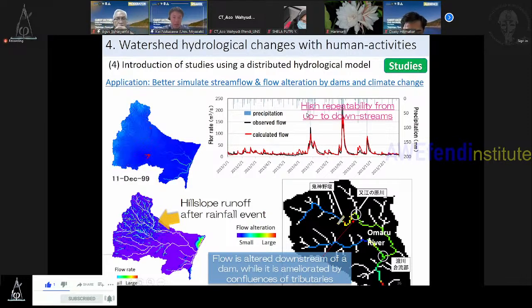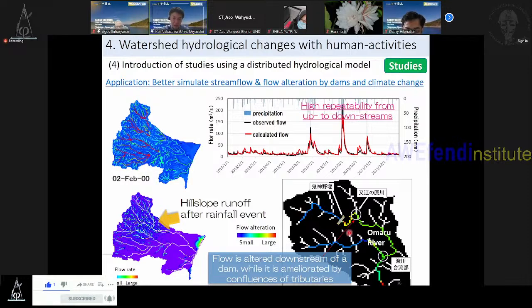So we can say the model has high repeatability. Maybe this is the result of downstream, but the point of a distributed model is that it can predict the streamflow throughout the basin. So we have confirmed the predictability and repeatability of streamflow is fine from up to downstream.